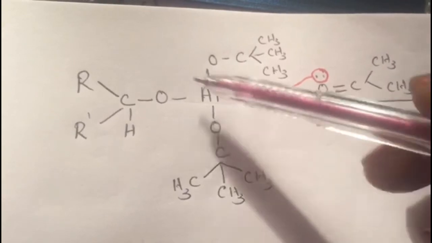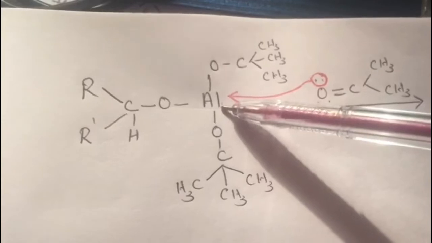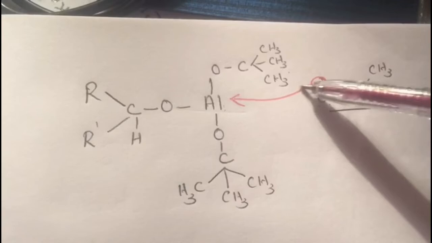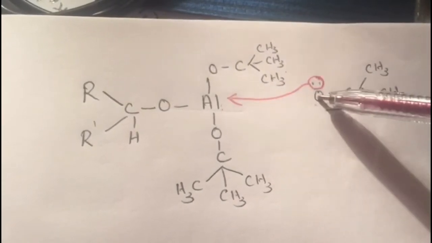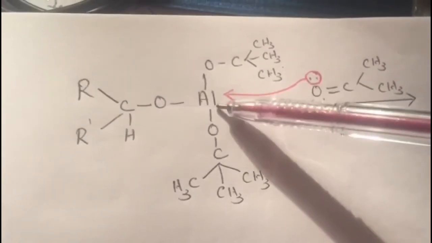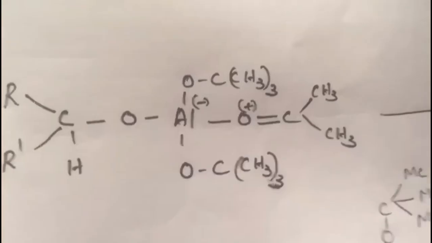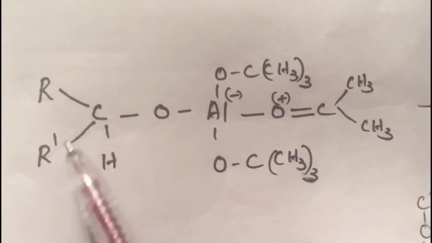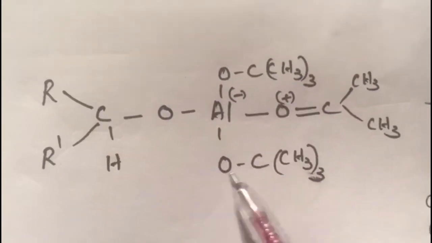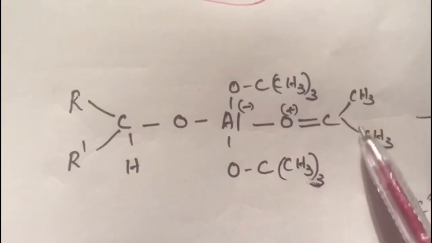So the product formed will be R-CH(R)-O-Al minus [OC(CH3)3]2 with O plus double bond C(CH3)2, and this aluminium will get negative charge and the oxygen will get positive charge. So this is our product.